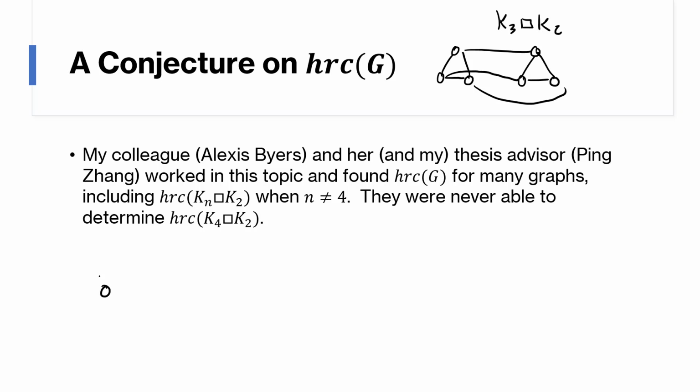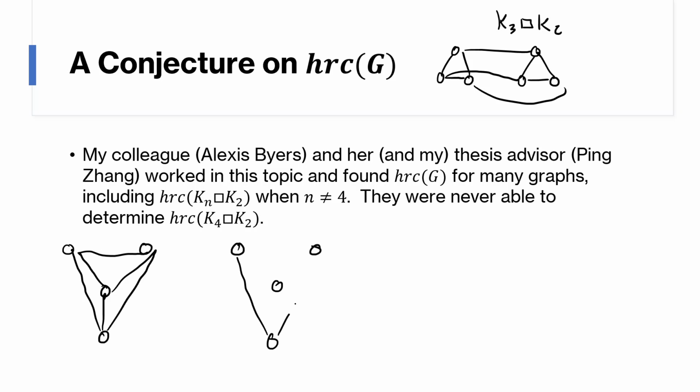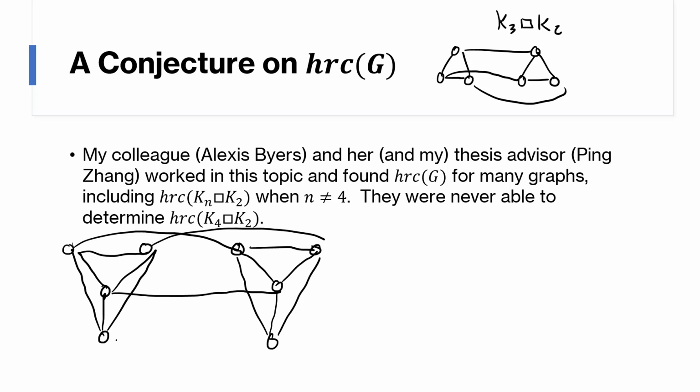So let me go ahead and draw K4 box K2. So there's K4. Here's another copy of K4. And then we join up the copies. So here's K4 box K2.